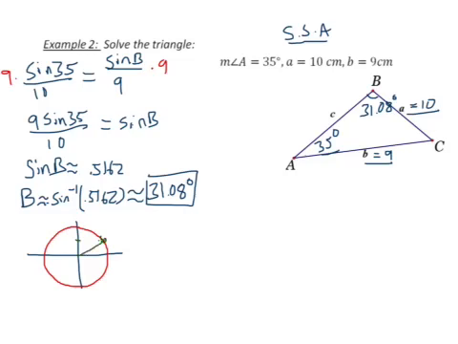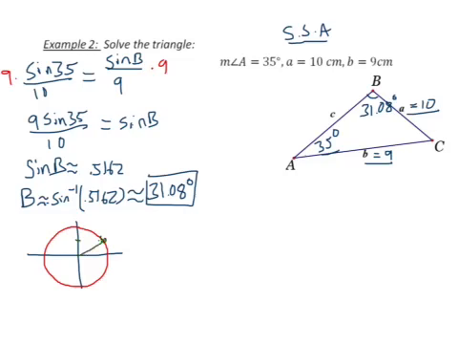Is there any other point on this unit circle that has a y value of 0.5162? This one right here does. This is some x value we don't know right now, and the y value is 0.5162. Any other points on the unit circle that have that y value? Sure, there's one right over here. That angle has a y value of 0.5162.